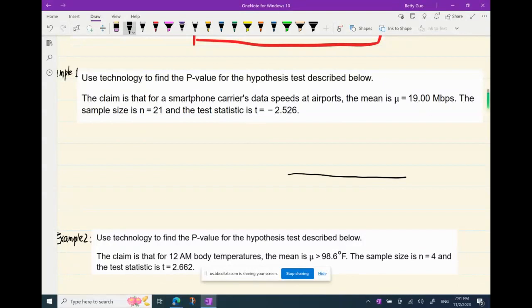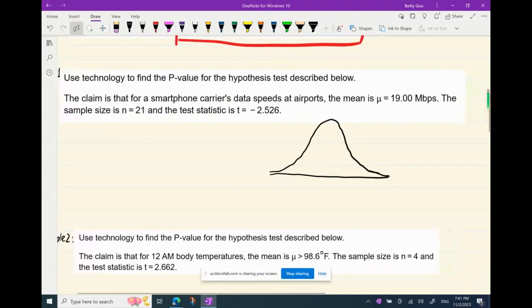Remember the relationship between t-distribution and the z-distribution. Their curves are very similar. When the sample size approaches infinity, t-distribution approaches the standard normal distribution.